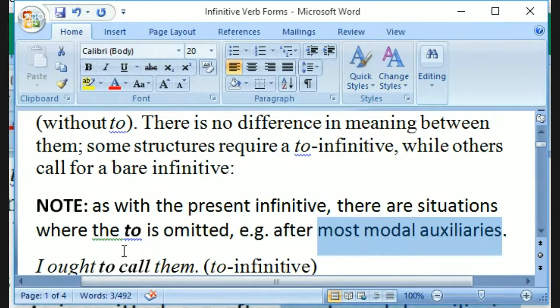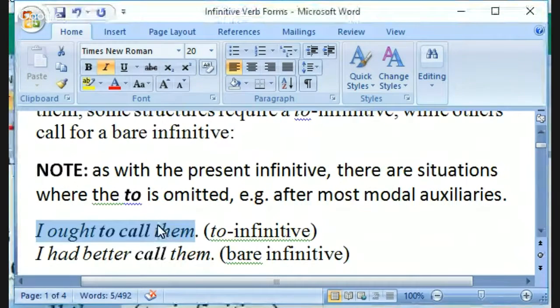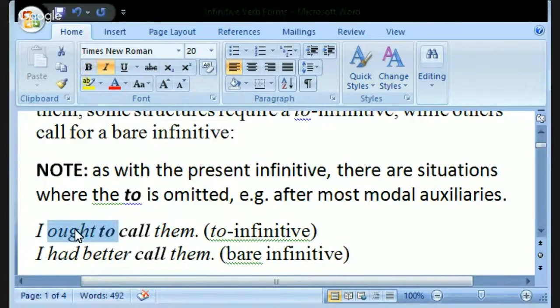For example, I ought to call them, there's to plus the infinitive. I had better call them. In fact, the only modal forms where we actually use to is ought to, and ought to is always ought to, no matter what.